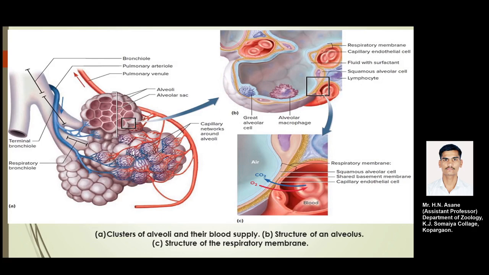Okay, and as you move forward to the alveolar sacs and the alveoli, you should shift towards the structure B of this particular picture. What you are going to see in this structure is one single alveolus.